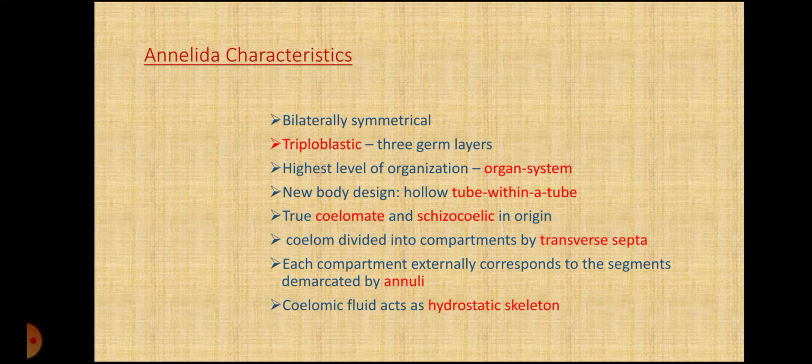Organization: there is an organ system level of organization. Body plan: most annelids have a tube-within-a-tube body plan, because the cylindrical or tube-like body holds the tube-like alimentary canal of varying diameter.